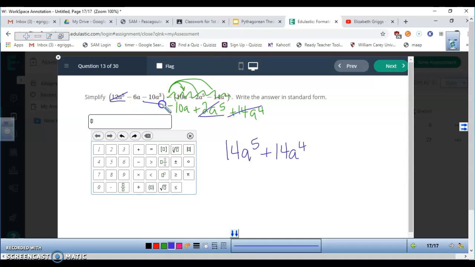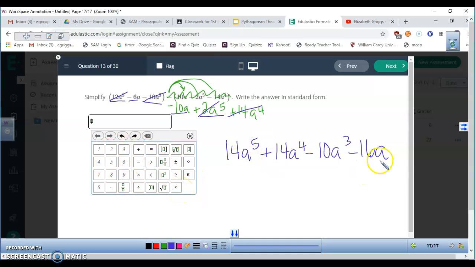Then I have negative 10a to the 3rd. Then I don't have any a squared, so I just skip it. Negative 6a minus 10a can combine to negative 16a. This is my answer. I have to type it into this box using this equation editor.